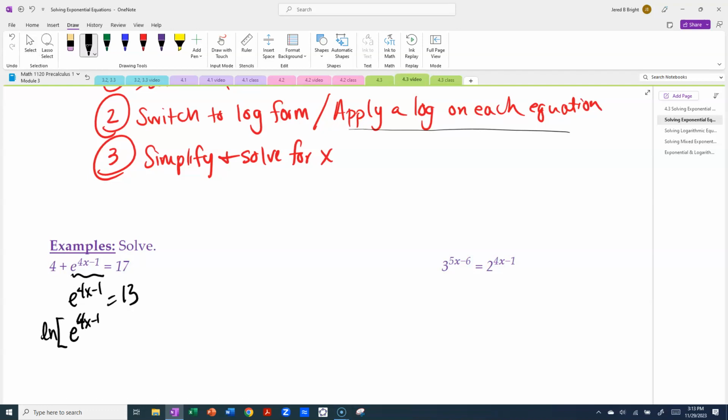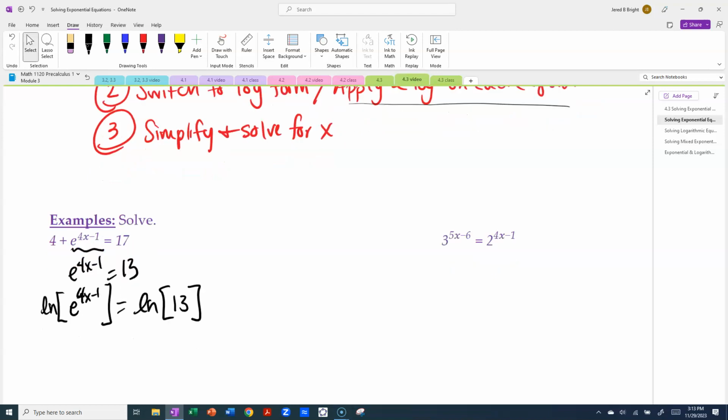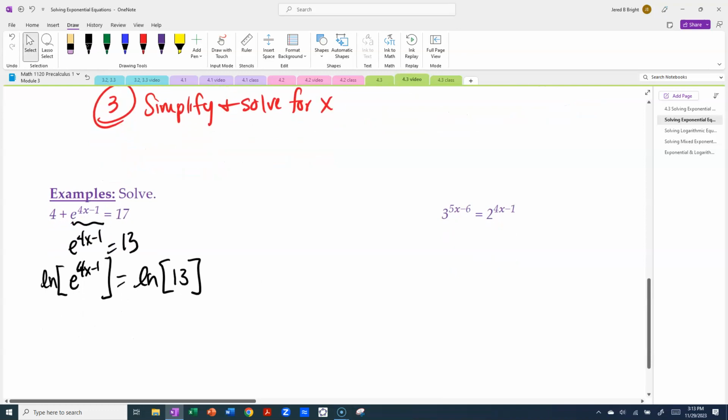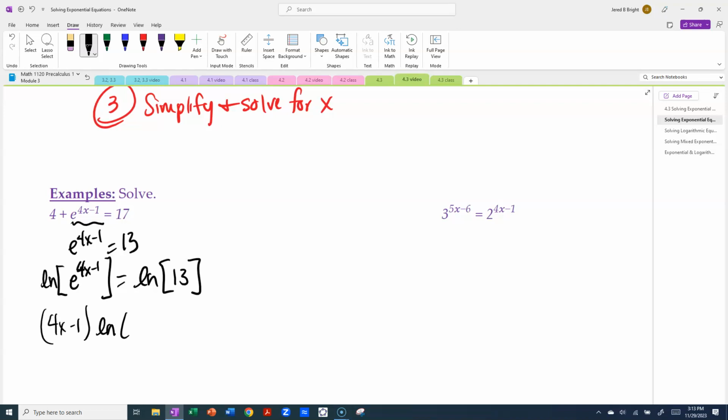As a mathematician, I am trained to always do natural log. I don't know why we do it. It just ends up being nice in many applications. You could do common log, totally fine. And so here, when I apply a logarithm, I can use log properties, bring that 4x minus 1 down in front, and then I'd have natural log of e is equal to natural log of 13.